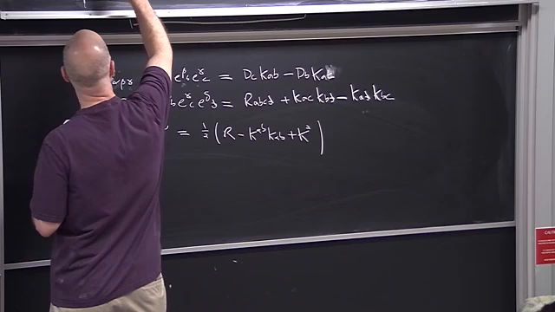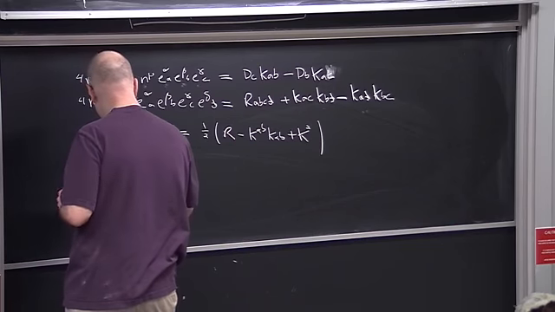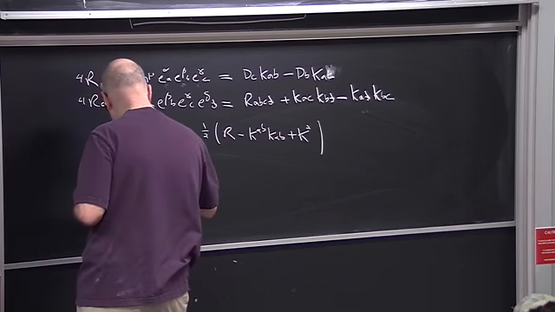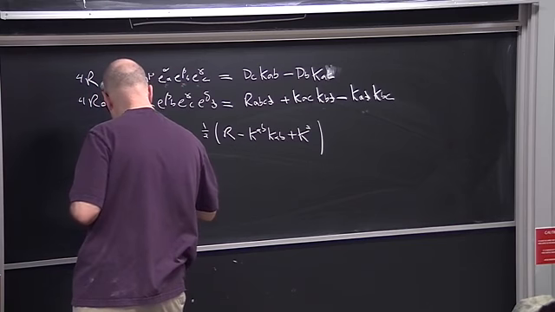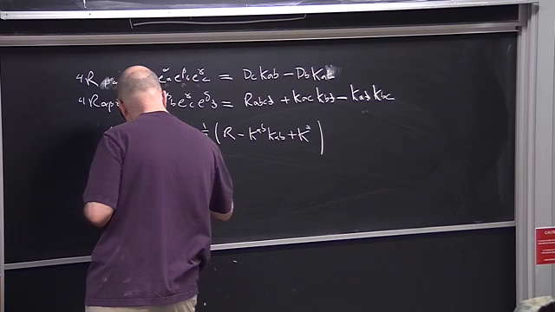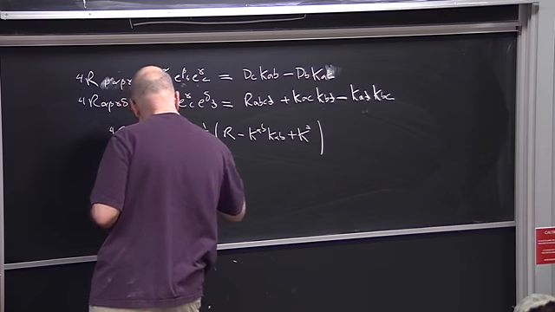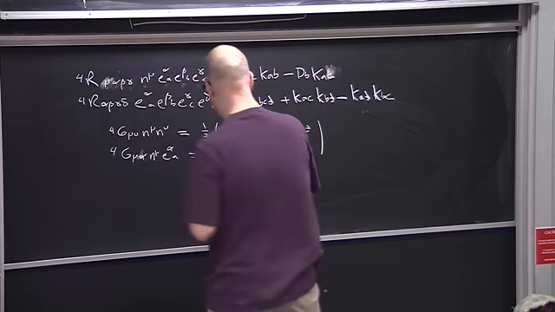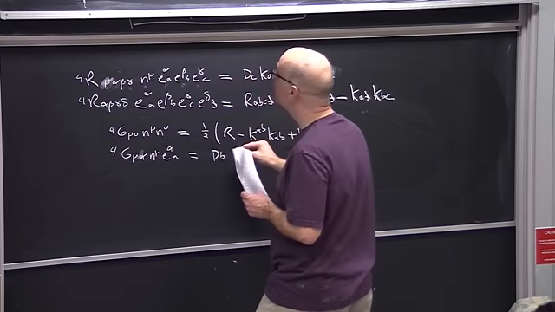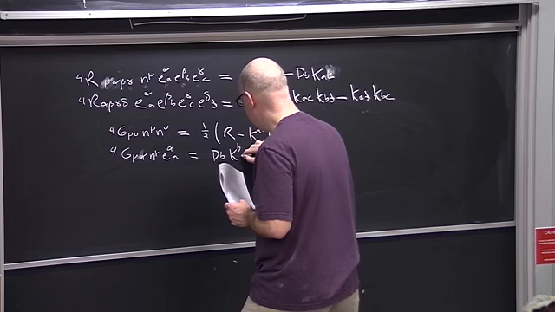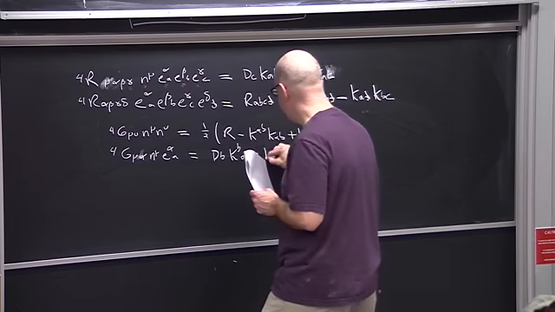And finally, these guys over here are the mixed normal tangential components. And that's equal to D_B K^B_A minus D_A K.